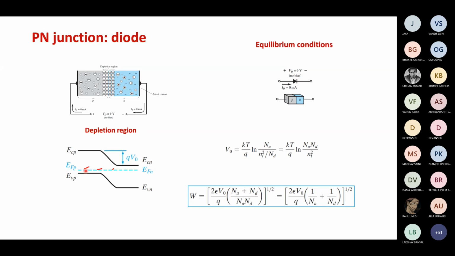On the p side, the Fermi level is very far away from the conduction band minima, so the number of electrons is very, very small. That's why holes are in majority and electrons in minority. And the inverse is true for the n side. Here the Fermi level is very far away from the valence band maxima, so the number of holes is very small and electrons are in large number.